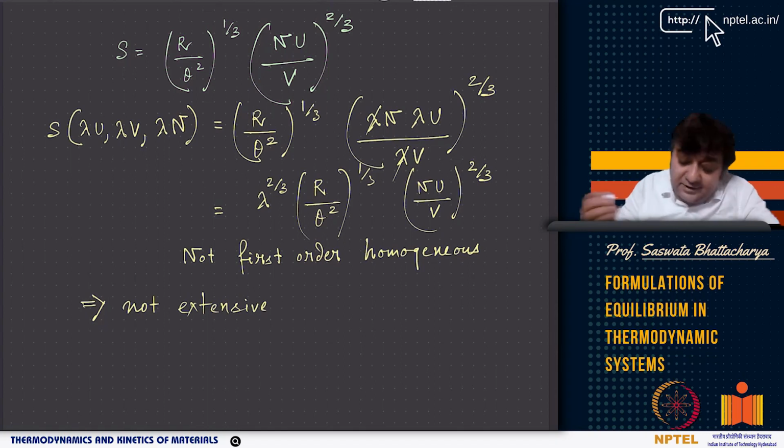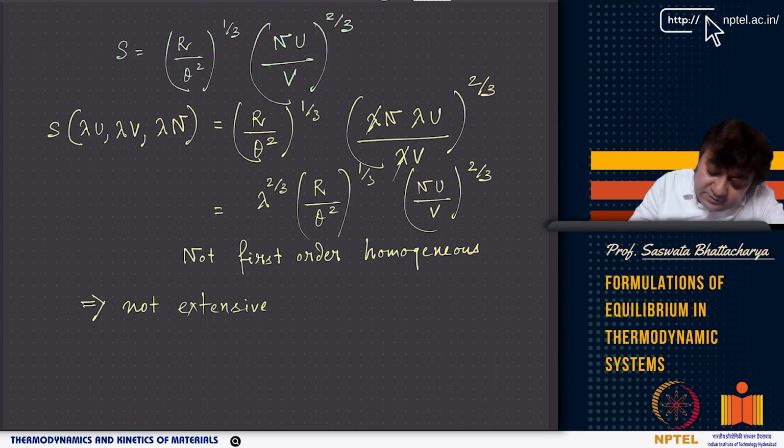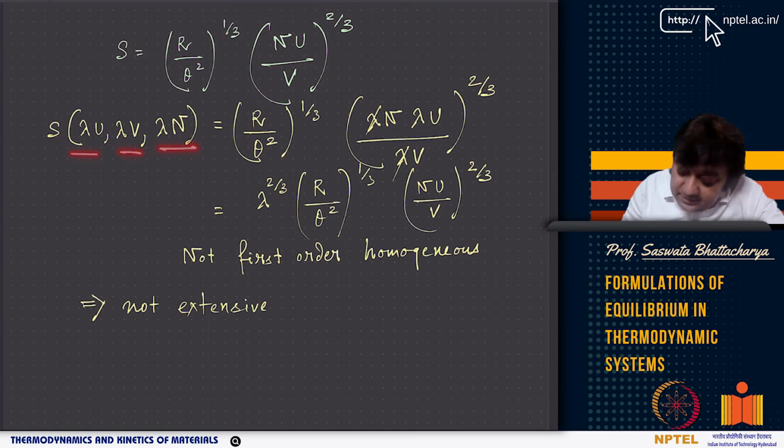Okay, now if you look at another example, again from Callan's book, again you have r, theta, which are positive constants, but now it is given as S equals (r by theta square) to the power 1/3 times (NU by V) to the power 2/3. Now I use the same property, S(lambda U, lambda V, lambda N).